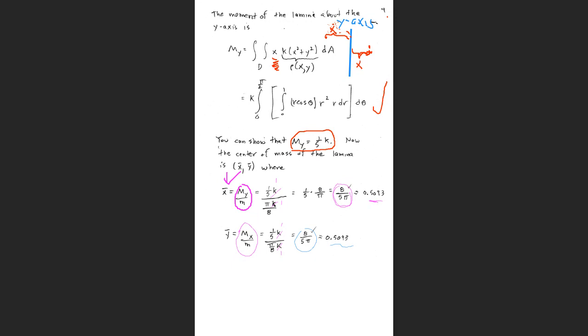It's quite amazing: the x bar and y bar coordinates are the same for the center of mass. It has to do with the density function. The density at any point on the lamina is proportional to the square of its distance from the origin, and we're restricting ourselves to the first quadrant.